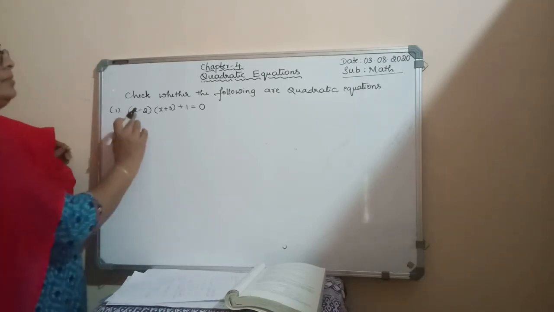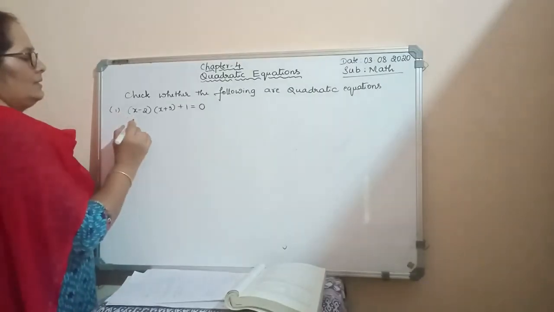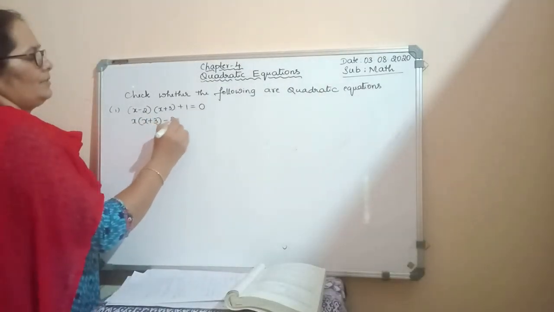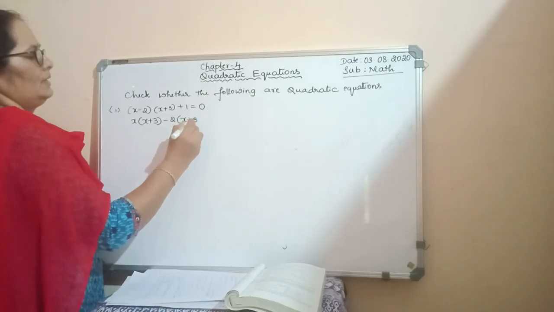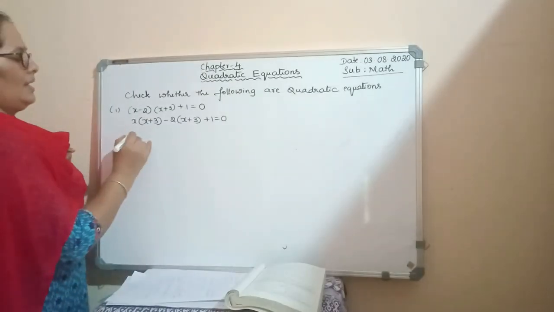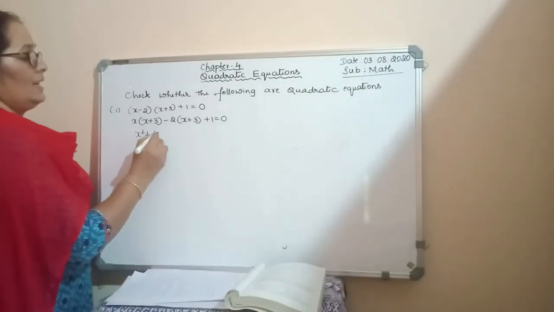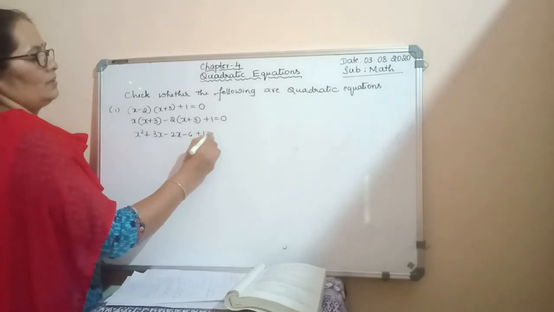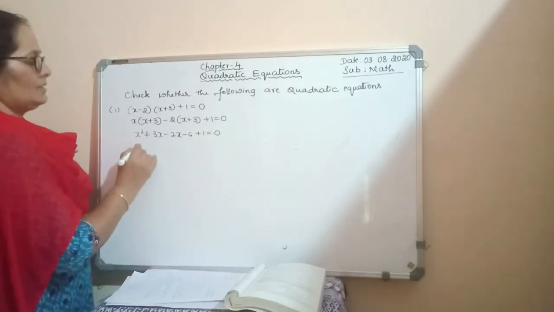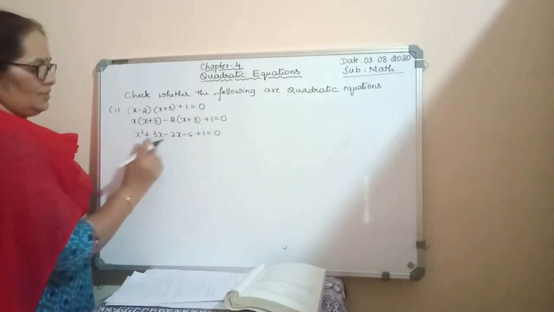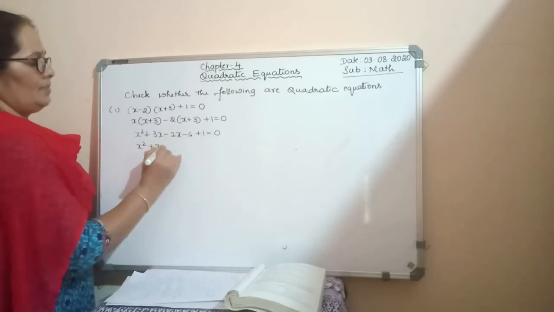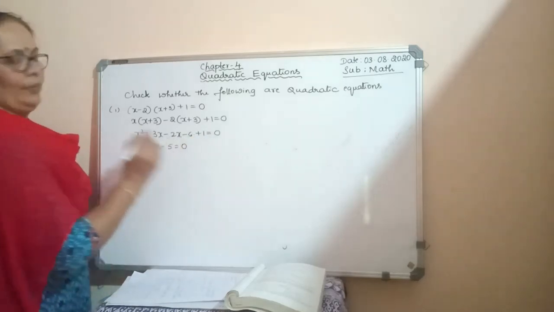Now multiply these two factors: x into (x plus 3) minus 2 into (x plus 3) plus 1 equals 0. Now x square plus 3x minus 2x minus 6 plus 1 equals 0. So x square, 3x minus 2x is x, minus 6 plus 1 is minus 5 equals 0.